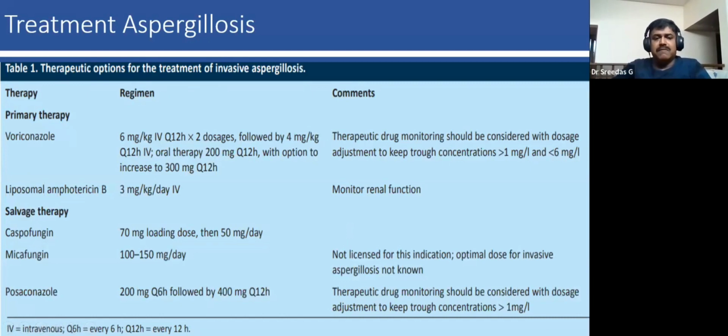For treatment of invasive aspergillosis, the drug of choice is voriconazole. If the patient is unstable, you can start with IV voriconazole at a dose of 6 milligram per kilogram twice a day for 2 doses, followed by 4 milligram per kilogram, and shift to oral once the patient is stable. Another option is liposomal amphotericin B.